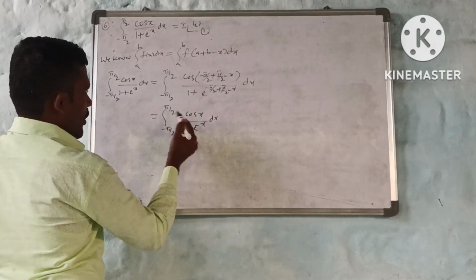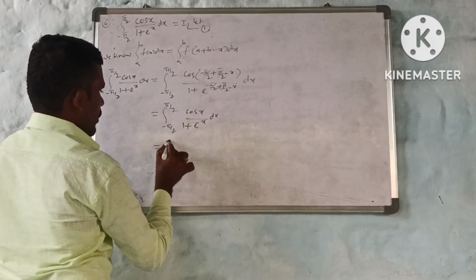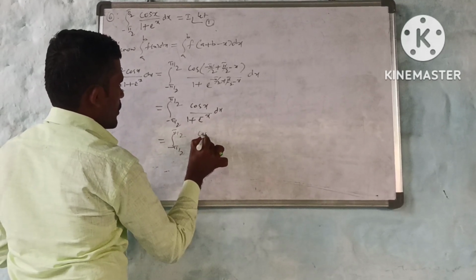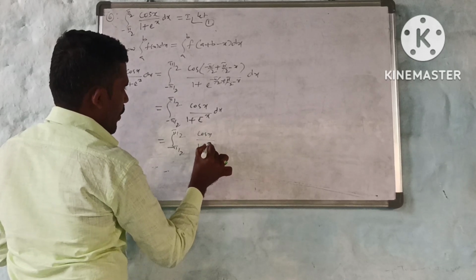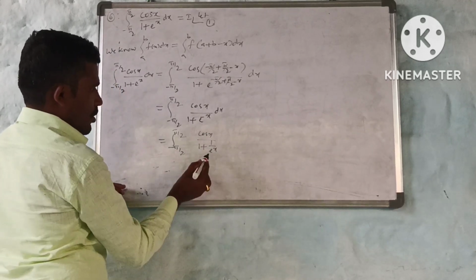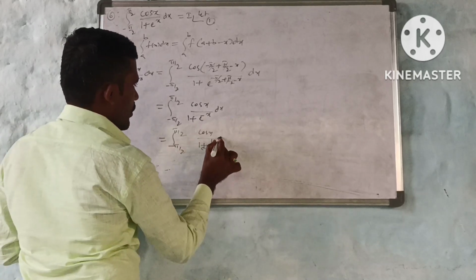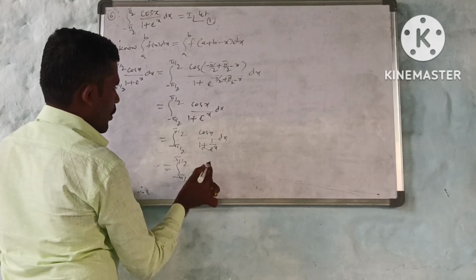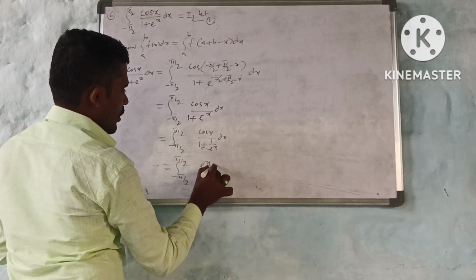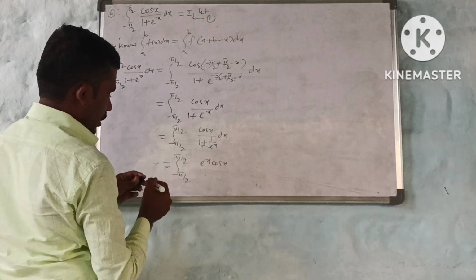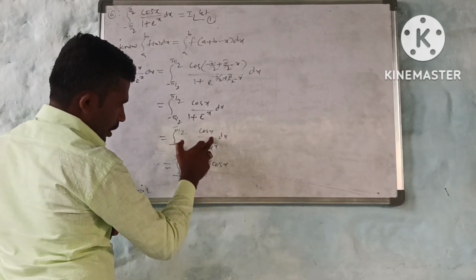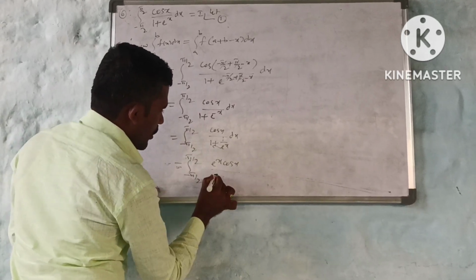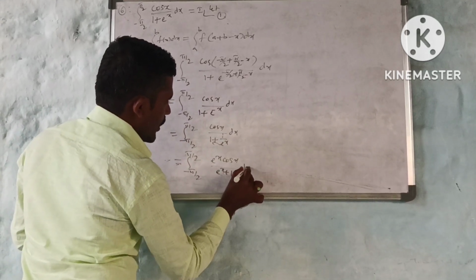When I take e power minus x to the numerator, we can write cos x times 1 by e power x. So when I cross multiply, we get the integral from minus pi by 2 to pi by 2 of e power x cos x by e power x plus 1 dx.